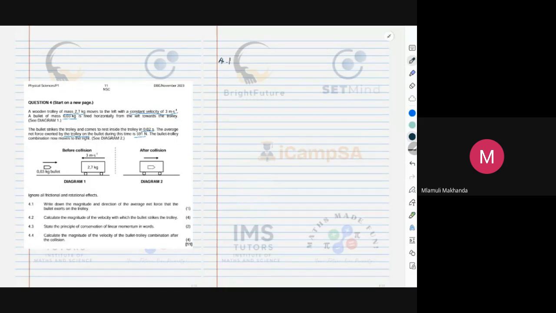This is 4.1. So here they are saying write down the magnitude and direction of the average net force that the bullet exerts on the trolley. But here we are only given that the average net force exerted by the trolley on the bullet during this time is 591. So if we remember Newton's third law, if you push an object, it pushes you back.